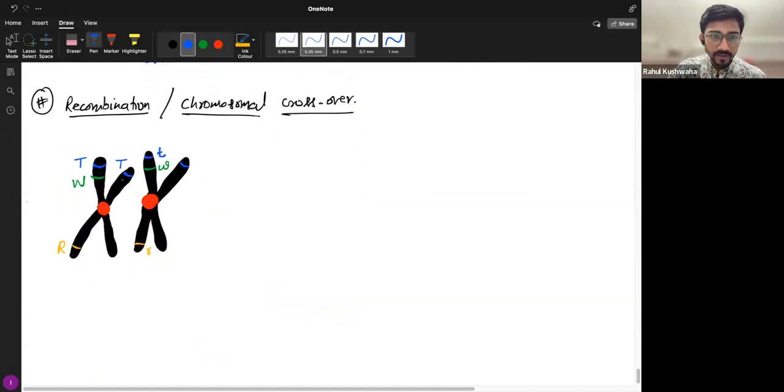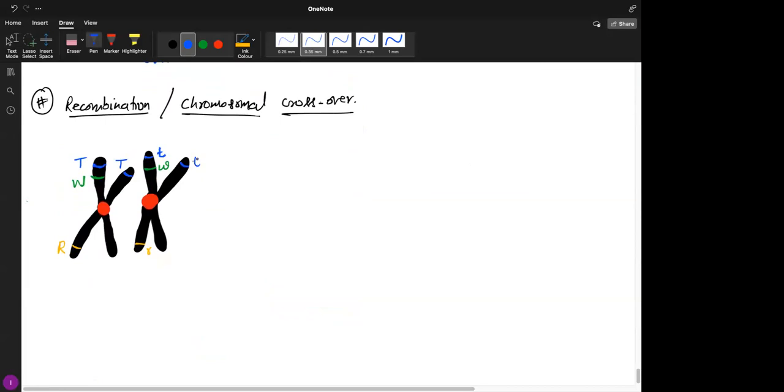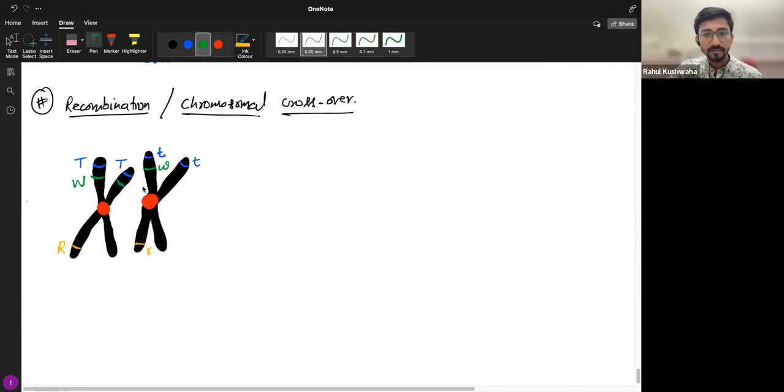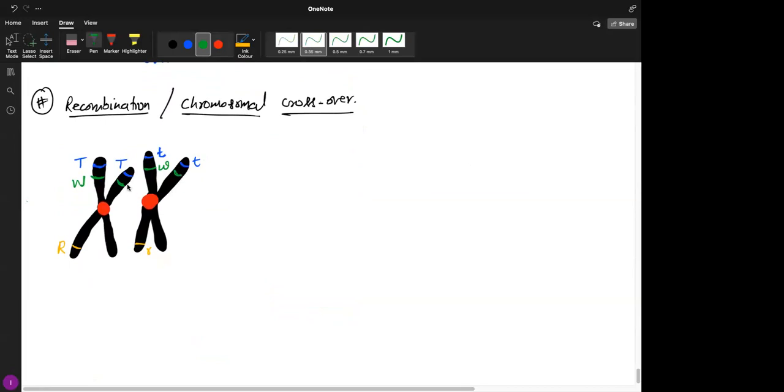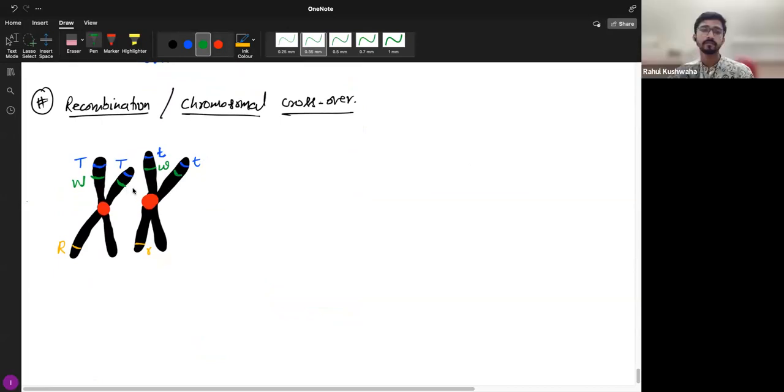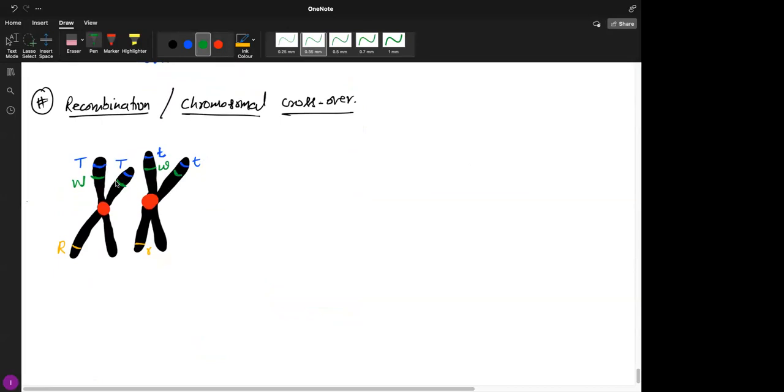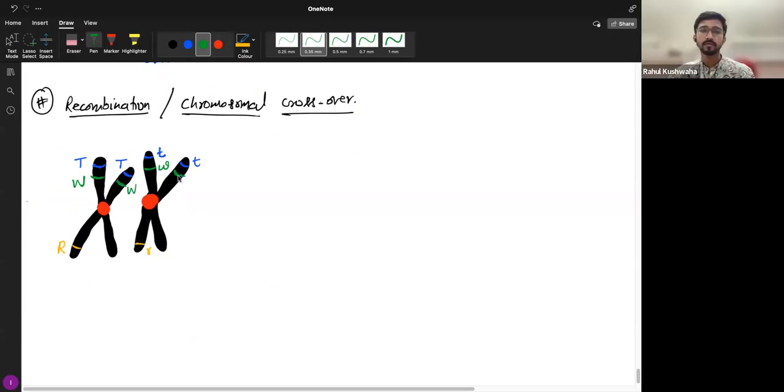It will be capital T here, and here it will be small t. What about this locus? Small w. Here, capital W, here capital W, and here small w, small w. Okay.